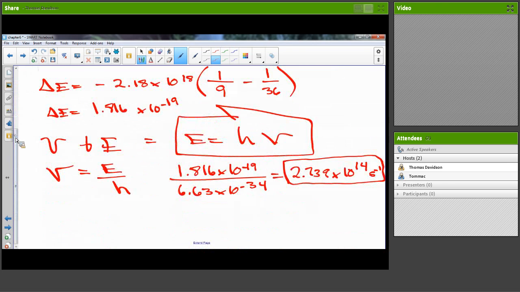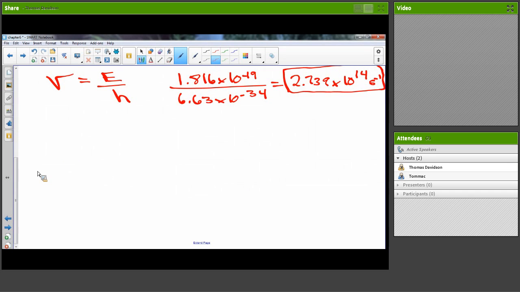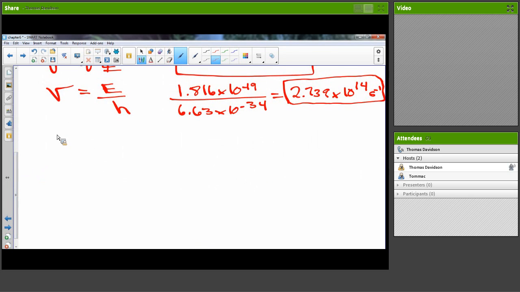Okay, the next part of the question said to solve for what? Wavelength of the light, right? Wavelength can be found in 2 ways. We had c equals lambda times frequency, right? Or you have lambda equals, no, I'm trying to do the algebra.